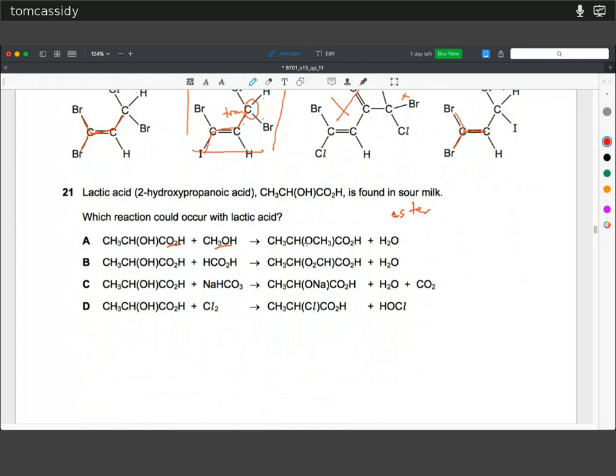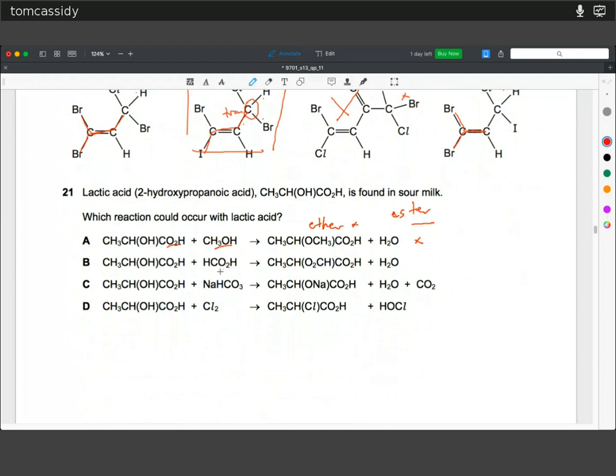So you need to look across here and see if an ester has been made. And actually, that's not an ester in there, but that's a very similar spelling. That's an ether that has been made. So that's not true. We're looking for a reaction here that would be making an ester from a carboxylic acid and an alcohol. It's not making an ether. So that one's not right.